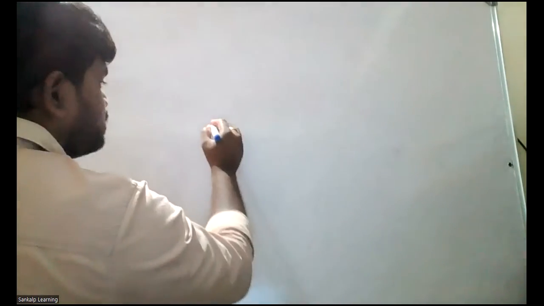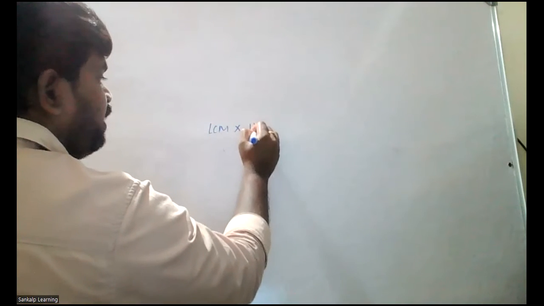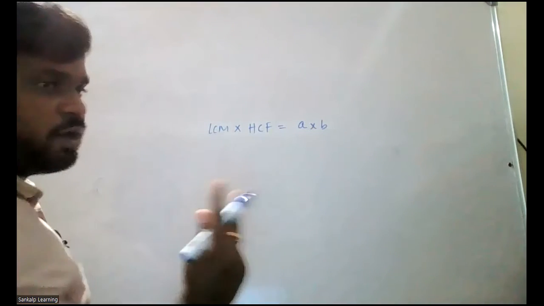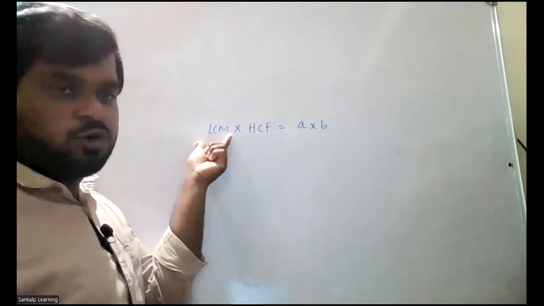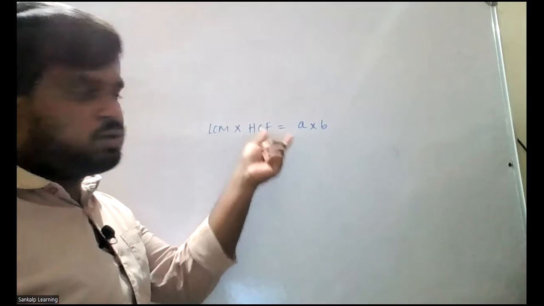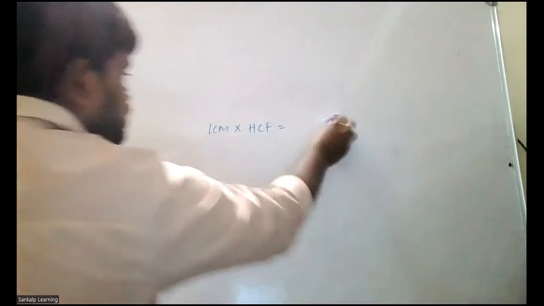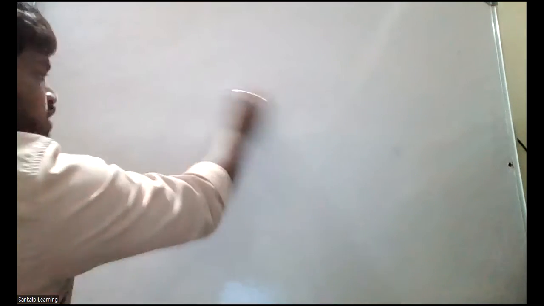Also, we discussed a relationship, that is HCF into LCM is equal to the product of the numbers. Suppose you are taking two numbers, the LCM of those two numbers into the HCF of those two numbers is actually equal to the product of those numbers itself, isn't it? This is what we discussed. Let's continue with the problems.